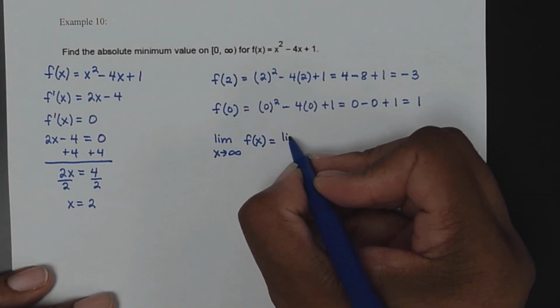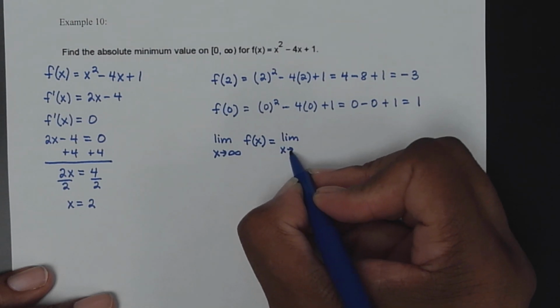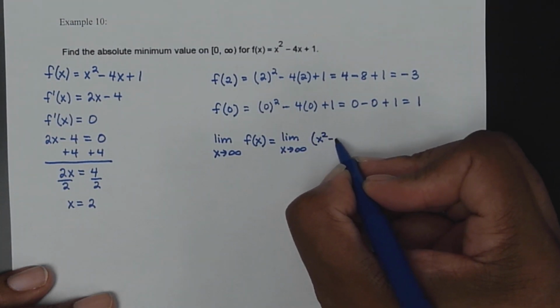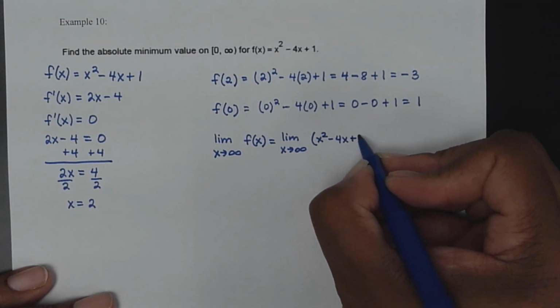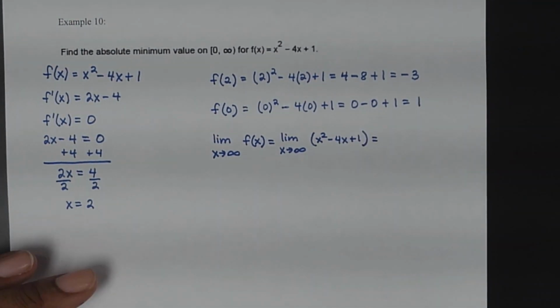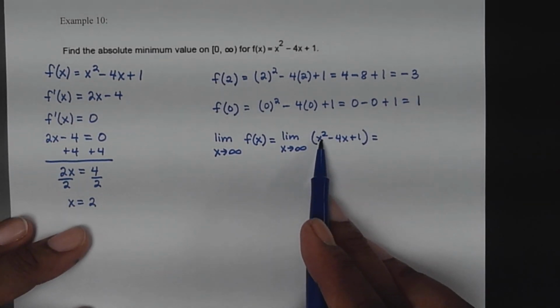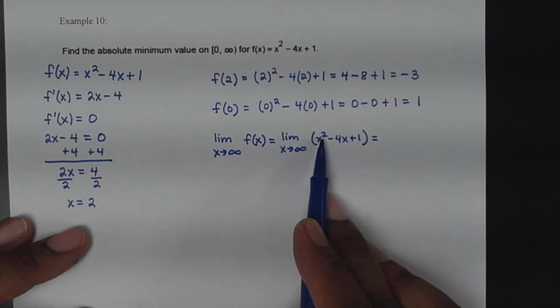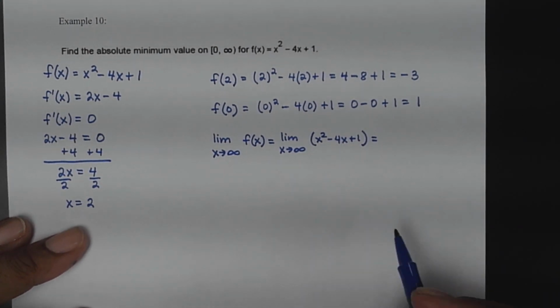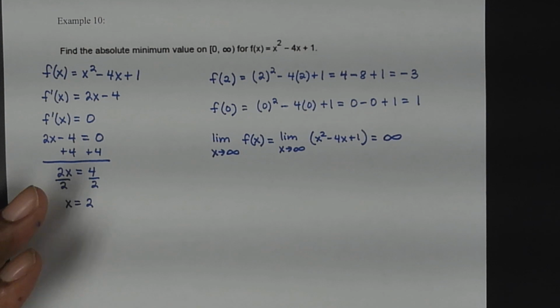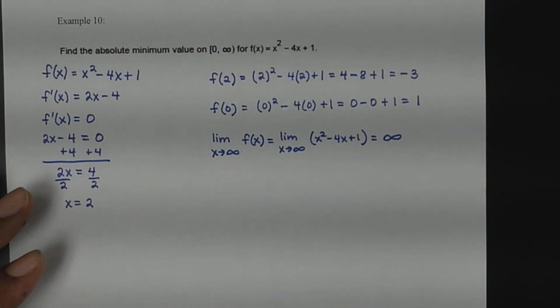That would mean I'm taking the limit as x approaches infinity of x squared minus 4x plus 1. And by looking at this, the leading term is x squared. As I let x get bigger and bigger, x squared is just going to go off to infinity without end.